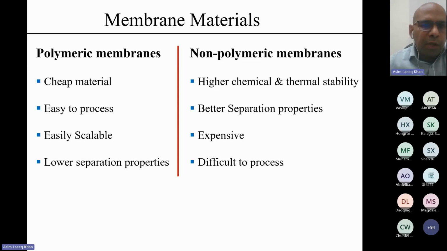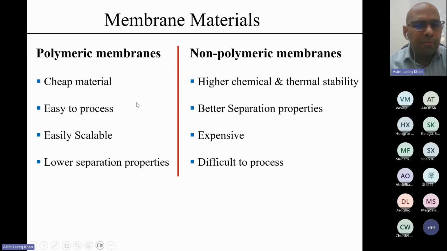These membranes are extremely cheap when it comes to non-polymeric, for example, ceramics, metal, glass, these type of membranes. Polymers are generally very easy to process to a membrane form. They are easy to scale up from a lab scale to pilot or industrial scale.